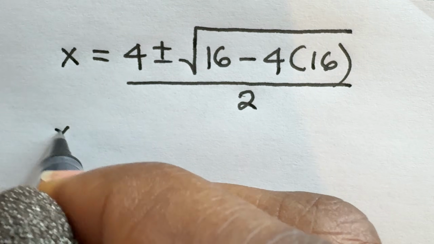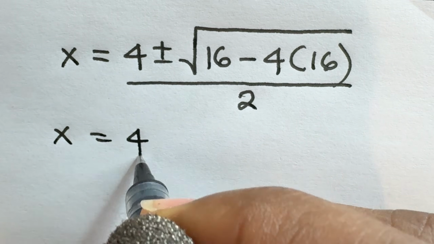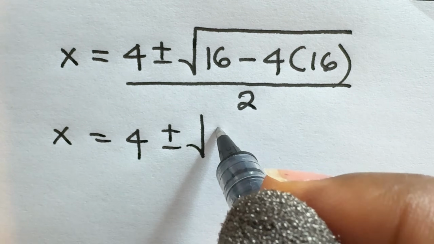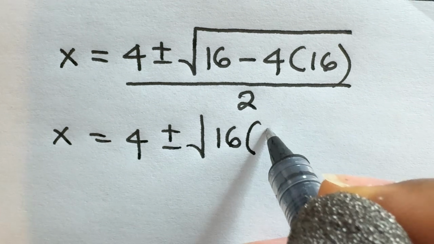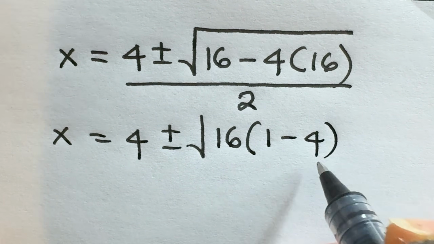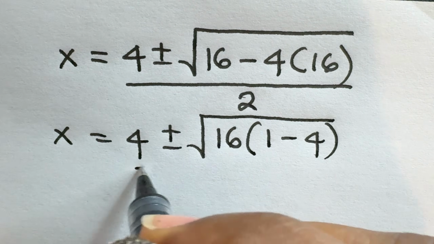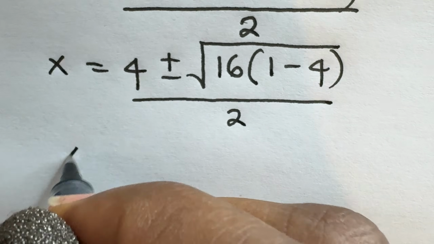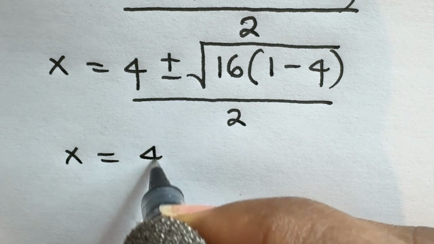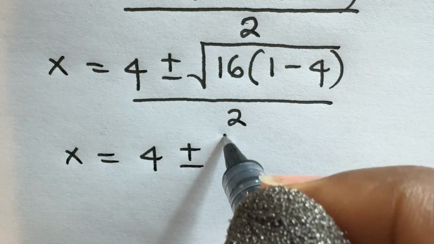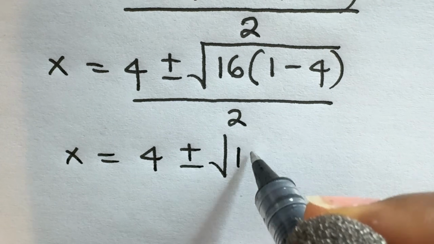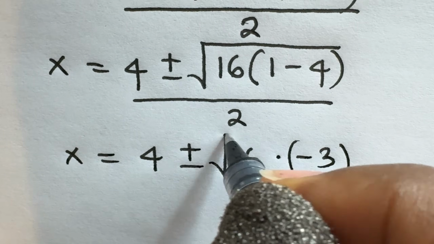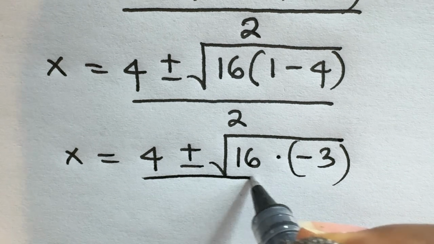So we get x is equal to 4 plus or minus square root of 16 is common here, so we have 16 into 1 minus 4 square root of that divided by 2. x is equal to 4 plus or minus square root of 16 times -3 square root of that divided by 2.